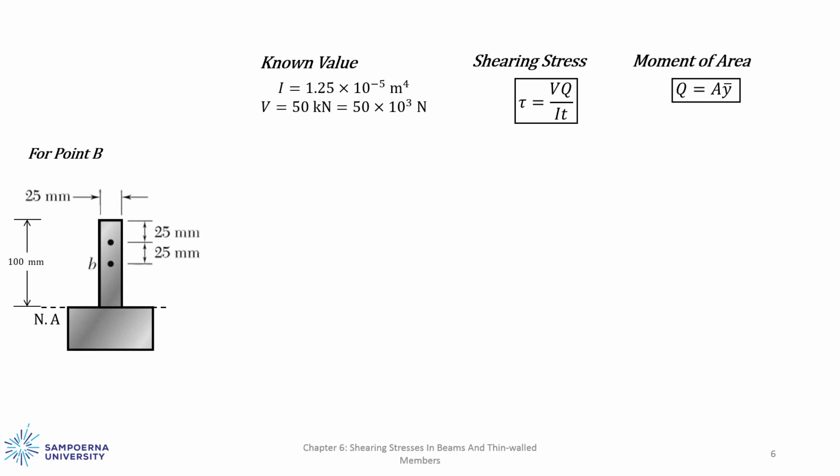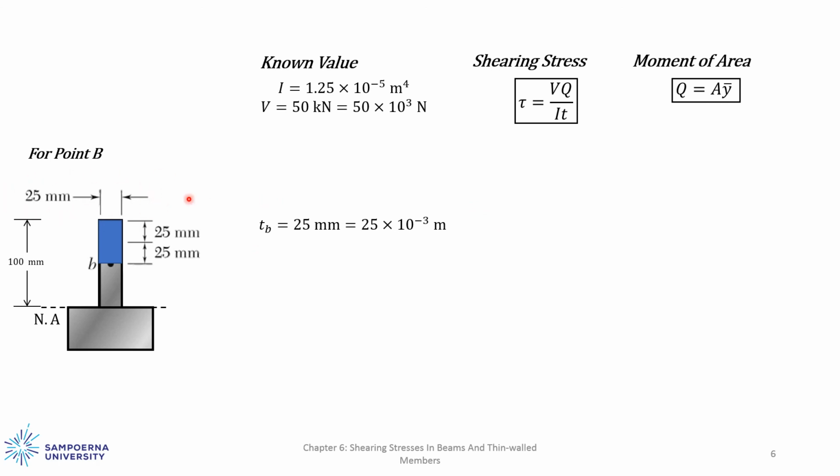Next, for point B, using a similar procedure, we take the portion between the upper surface and point B, using the same values for I and V. Here T is also 25 mm.